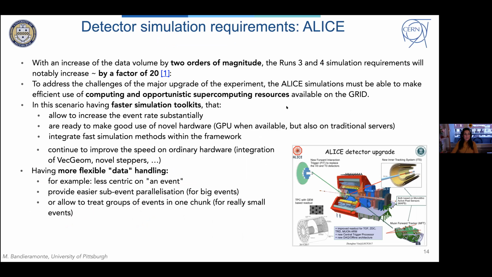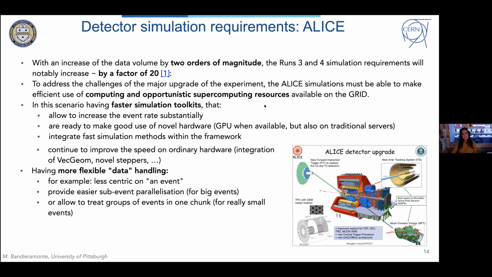Moving to ALICE, as said, the ALICE experiment will also face big challenges in Run 3 and Run 4, with the simulation requirements increasing by a factor of 20. So it is very important for them to be able to exploit all of the computing and opportunistic resources available on the grid.